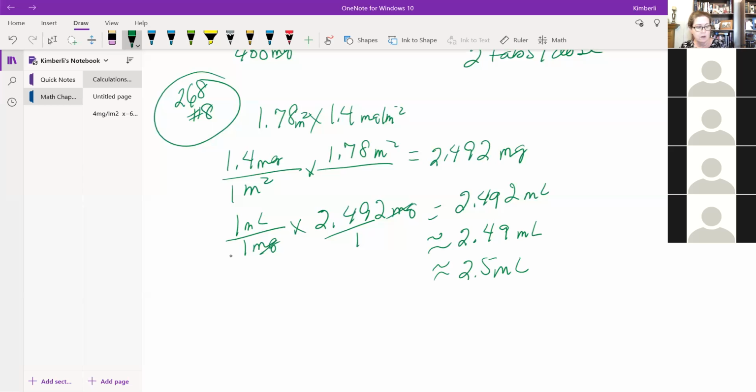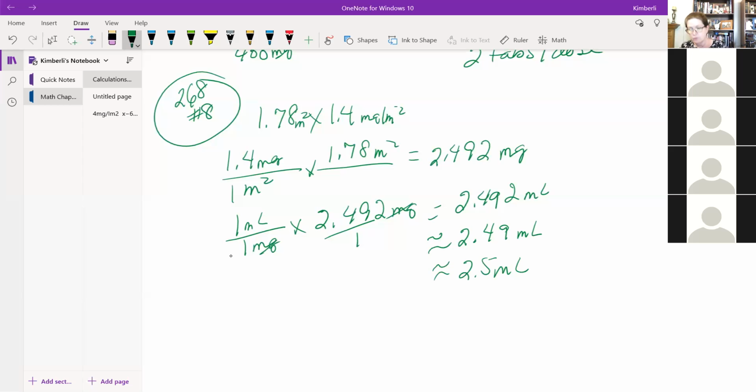Okay, so practice problems F on page 269. They don't tell you which ones to use, so you have to decide which method you're going to use to calculate the dose.